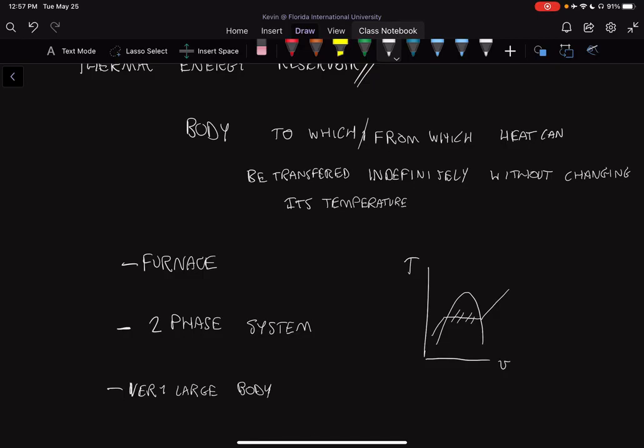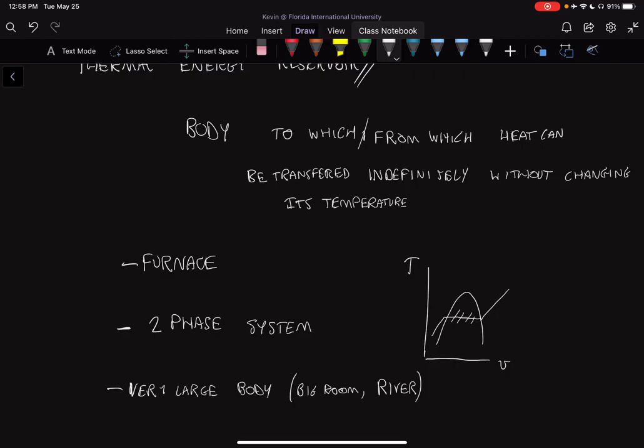So this could be a big room if we have a coffee cup in it, or we could also think of it as a river. If we have a river or a lake, it is going to have a hard time changing temperature if you send very little heat into it. Okay, so those are the types of thermal energy reservoirs we're going to be looking at during this class.